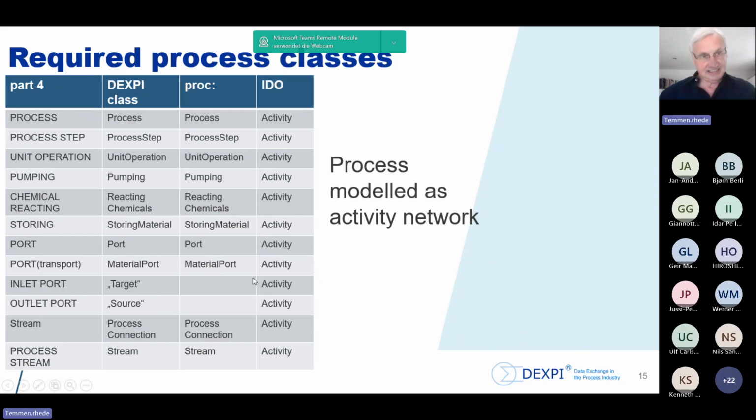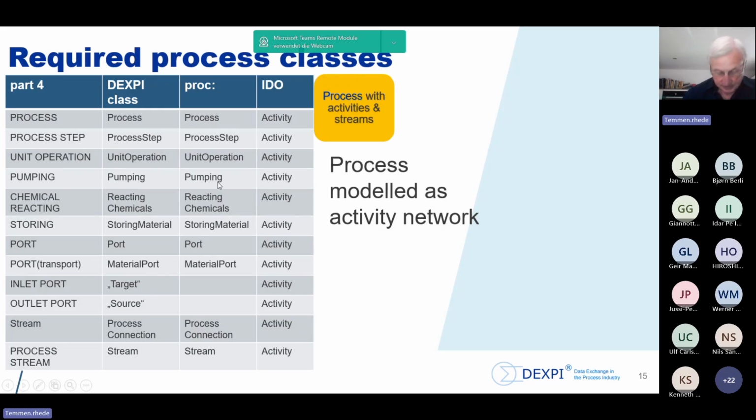First, detailing more the process part in the beginning, where we had the unit operations, the different 3 ones for pumping, chemical reacting, and storing, and we have the ports, and we have the streams, and we have the whole process, the process steps, and we completely modeled this as LIS with LIS activity, and the process modeled is a complete activity network.